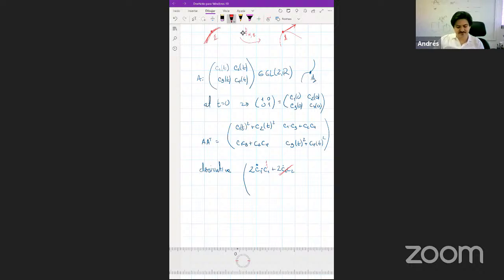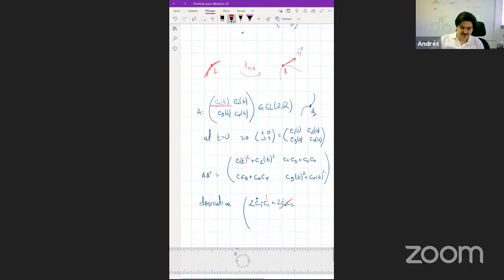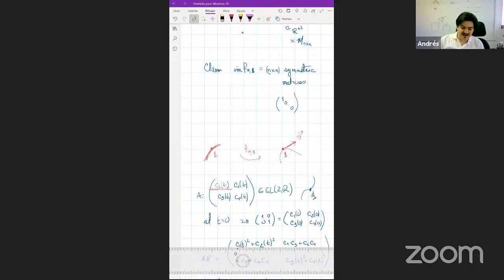Okay. And now basically it's only a condition on c1 that you care about. So construct a curve by non-singular matrices such that when you apply the function, the tangent vector is 1, 0, 0, 0.